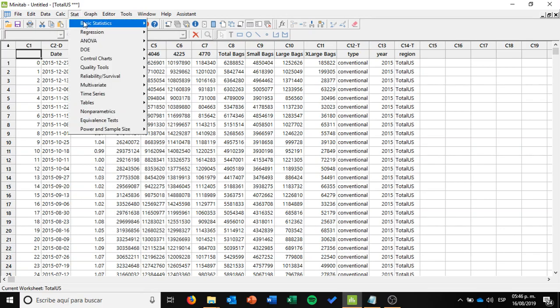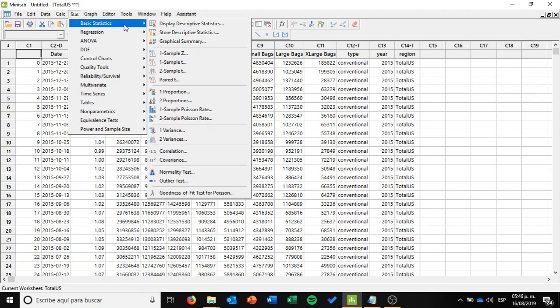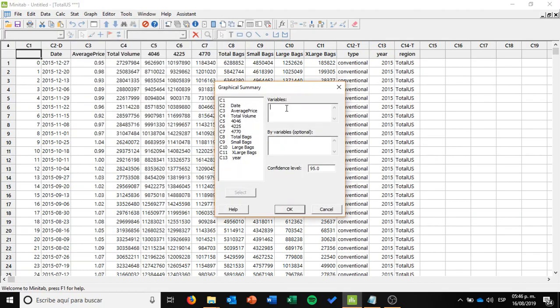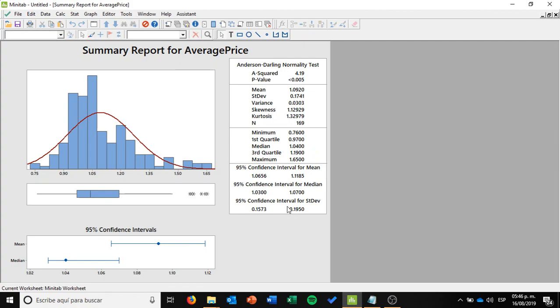Here in the Stat and Basic Statistics, there is a pretty interesting tool that is the Graphical Summary. This Graphical Summary allows us to do an exploratory analysis of any variable we want. I select Graphical Summary, and the variable I want to analyze is again average price. I select OK, and let's look at what happens.